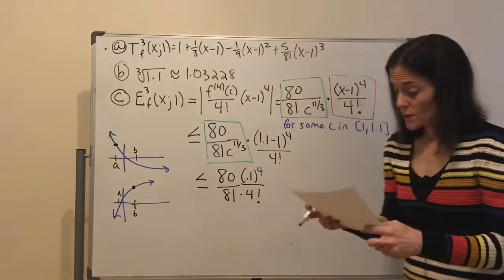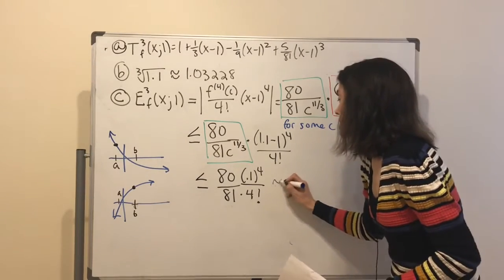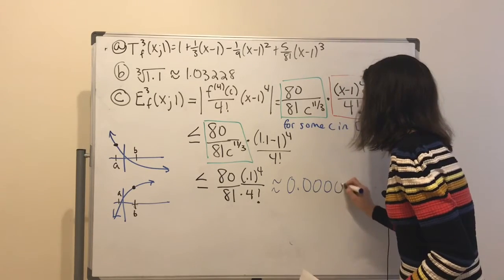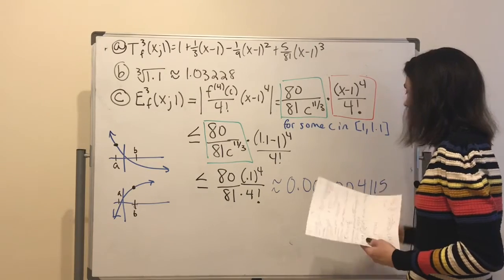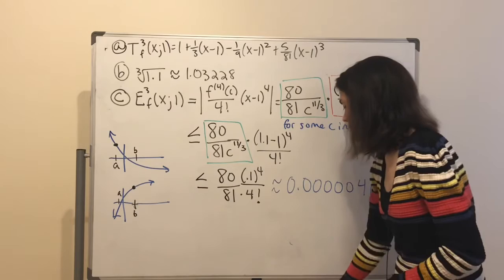Which, what do I get here? This value is, let's see, approximately 0.34115. And I will say, this is a theoretical bound.